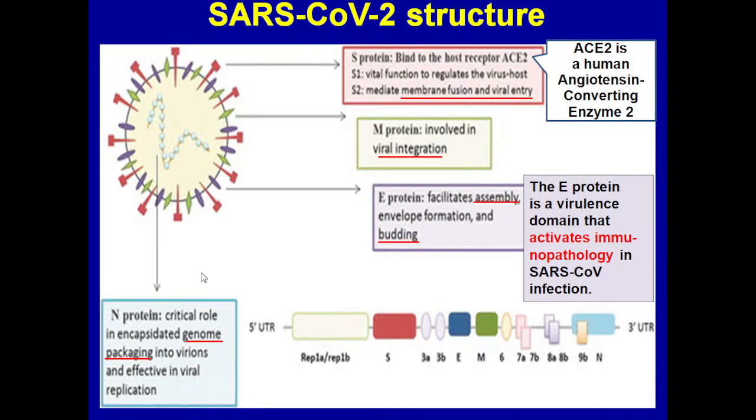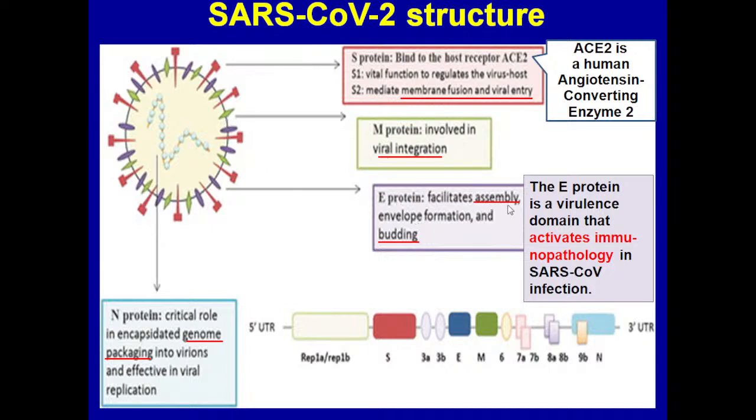So a few words more about the structure. The spike protein binds to the host cell receptor, and you should know what ACE2 stands for: the angiotensin converting enzyme 2 receptor. S1 is responsible for the vital function of regulating the virus-host interaction, and S2 mediates the membrane fusion and viral entry. Then the M protein is involved in viral integration.